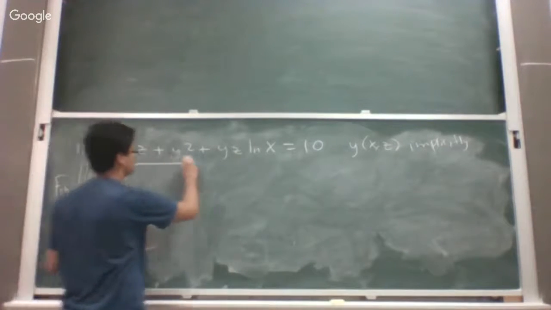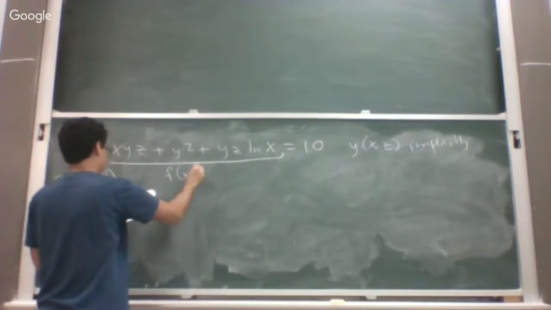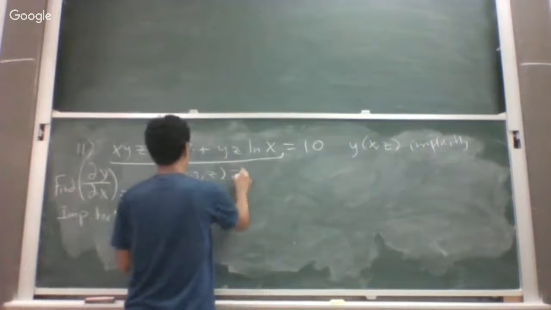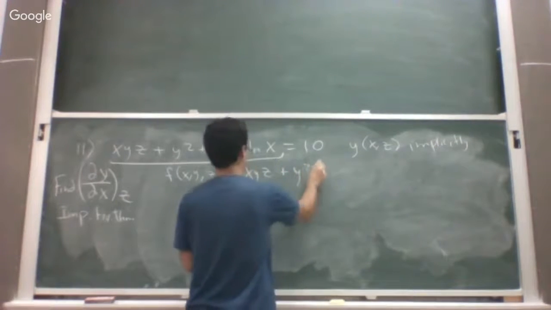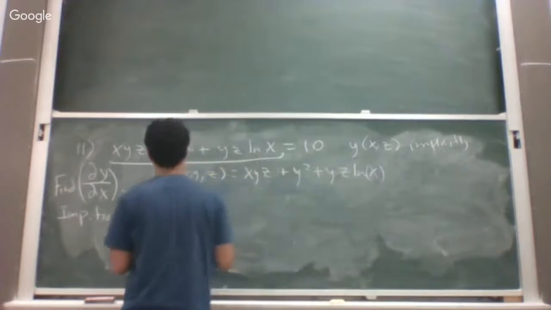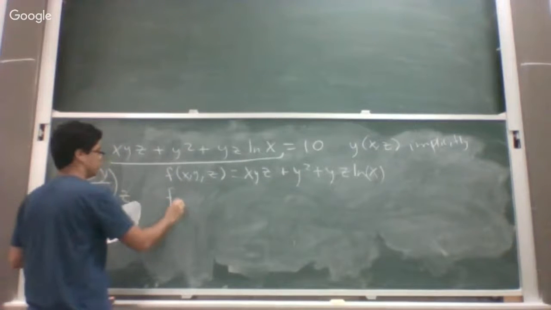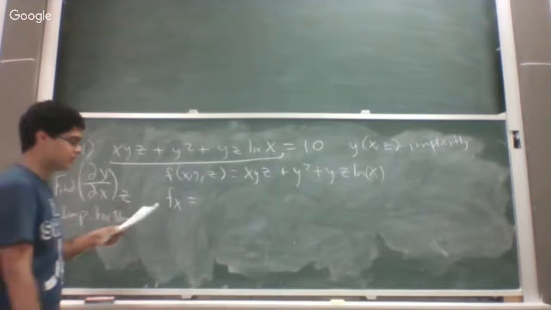So in essence, this is our function f of x, y, z equal to xyz plus y squared plus yz natural log of x. If we're doing f of x, we are holding y and z constants, right?